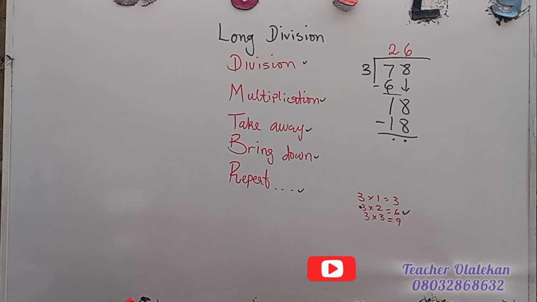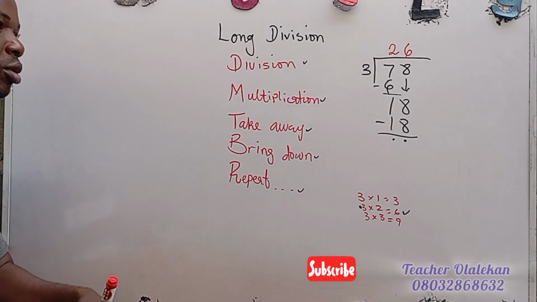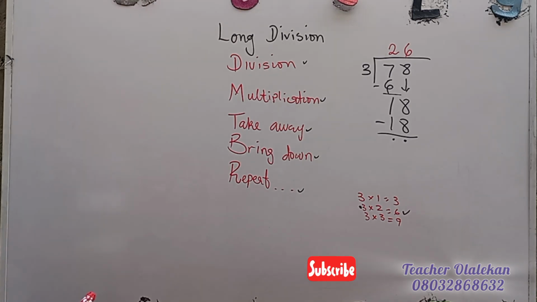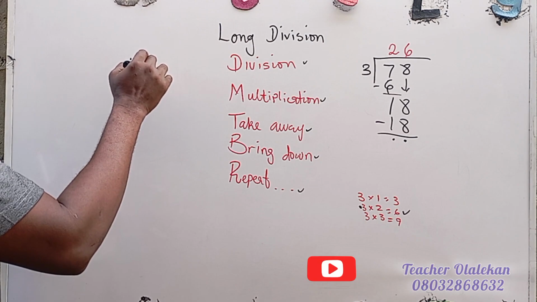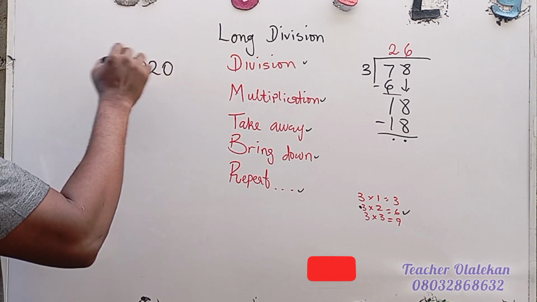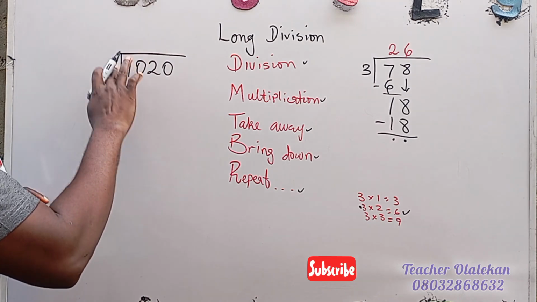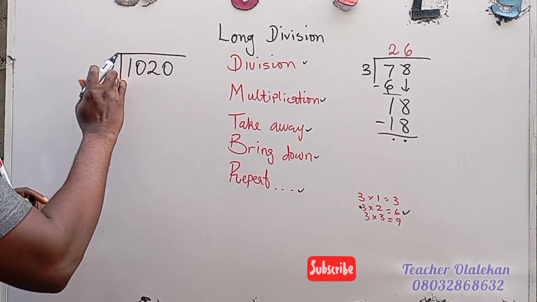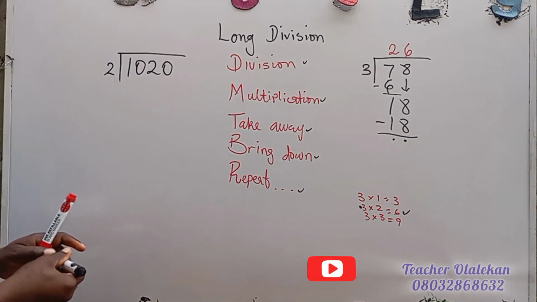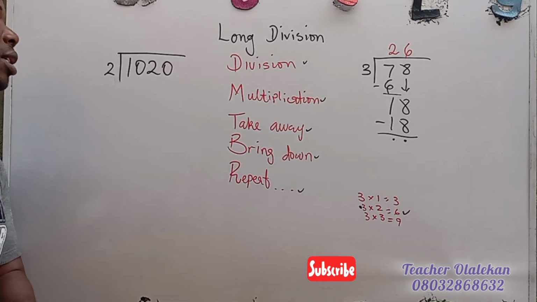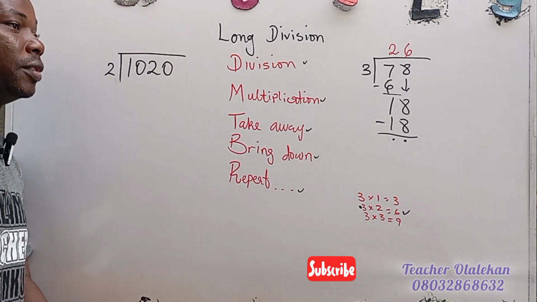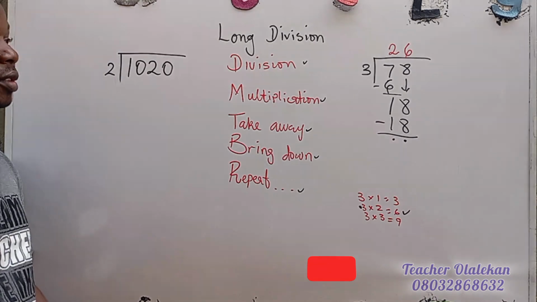Let's do another example, and let's make this a little bit bigger. Let's have 1020 divided by 2. I want to explain some tricks here so that you don't fall victim to this type of division.